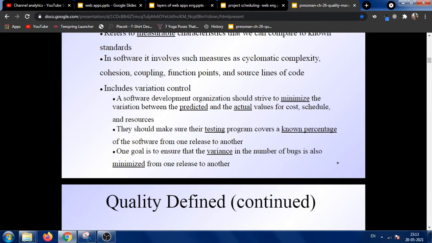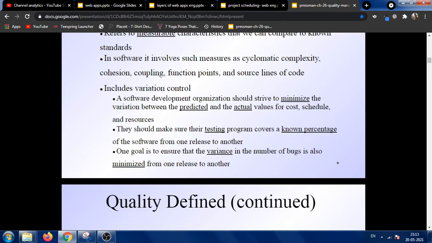These are all the measures that measure the quality of the software product. That includes variation control. A software development organization should strive to minimize the variation between the predicted and the actual values for the cost, schedule, and resources. Normally, when you start any process, we plan the process. While planning, we have the estimation of the cost, the people and the resources.